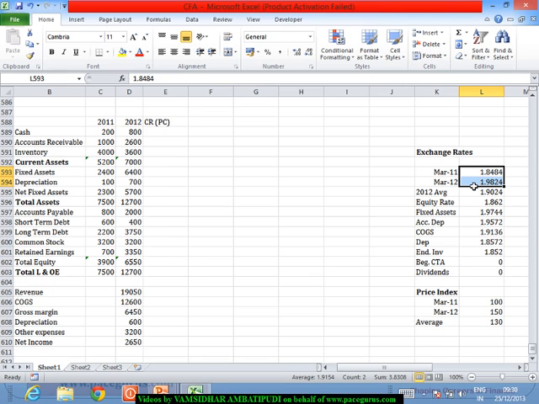The local currency has actually appreciated, because for 1 unit of my local currency I would get 1.84 units of foreign currency, whereas now for 1 unit of my local currency I will get 1.98 units of foreign currency.